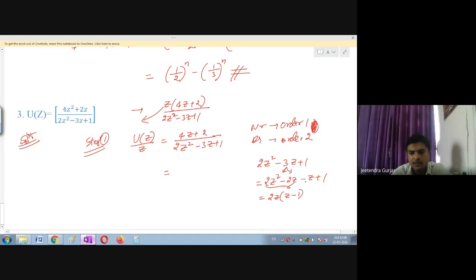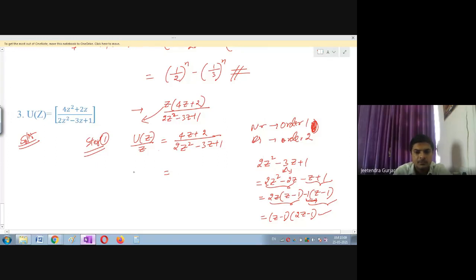Minus 1 is remaining. From this I will take minus 1 outside, so in the bracket it is z minus 1. If you include this minus inside, you get minus z, and minus into minus gives plus 1. So this is right. Again from these two terms I am going to take z minus 1 outside, so 2z minus 1 is remaining, student. Like this you are going to substitute the values, right? Okay, so we'll just continue here.